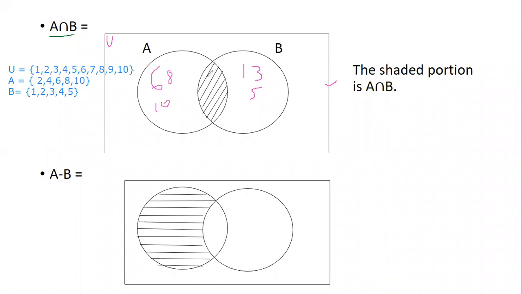Okay. Now what should I write in this shaded portion then? I'm supposed to write 2 and 4. And is any other number left out to be written? Correct. 7 and 9 are left out. So 7 and 9, I write outside.